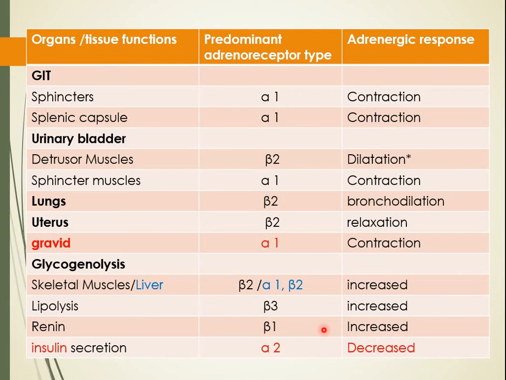Renin will convert angiotensinogen into angiotensin 1, and angiotensin 1 is converted into angiotensin 2, which is again a powerful vasoactive peptide. Thus, stimulation of the sympathetic division of the autonomic nervous system will lead to an increase in renin and increased angiotensin 2, which will produce a major rise in blood pressure.